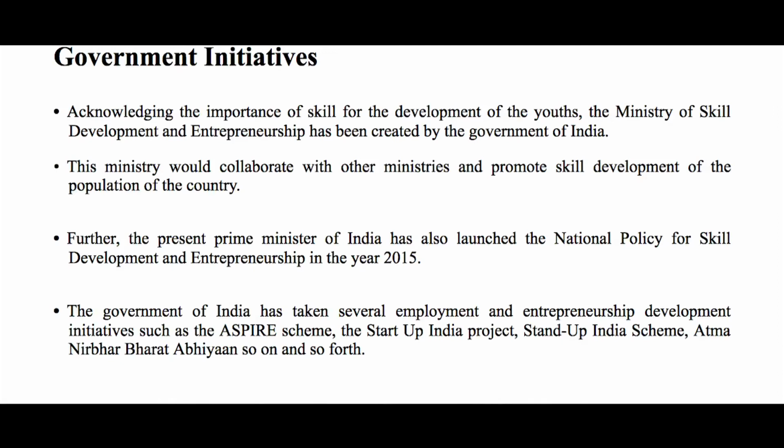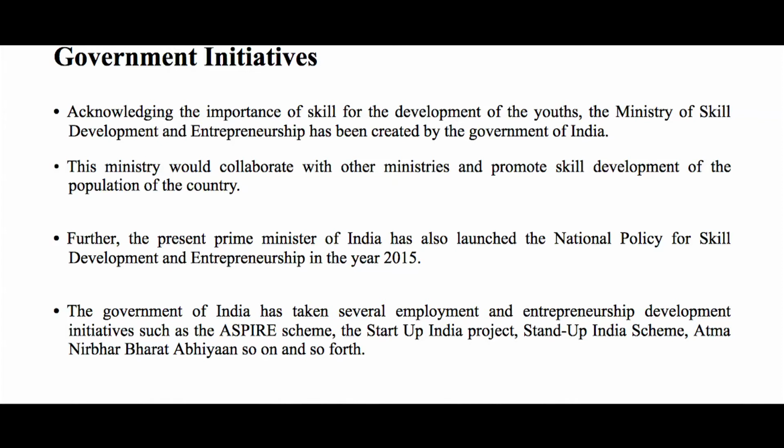Acknowledging the importance of skill for the development of the youths, the Ministry of Skill Development and Entrepreneurship has been created by the Government of India. This ministry would collaborate with all other ministries to promote skill development of the population of the country. Further, the present Prime Minister of India launched the National Policy for Skill Development and Entrepreneurship in the year 2015.